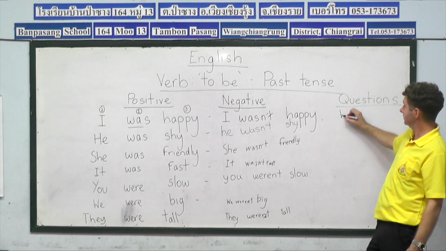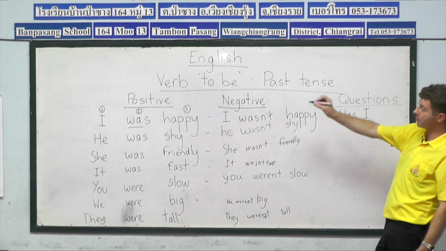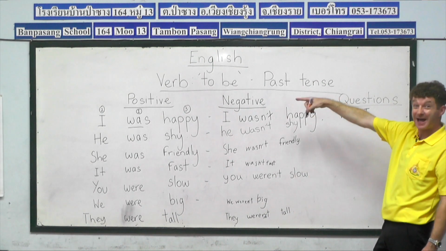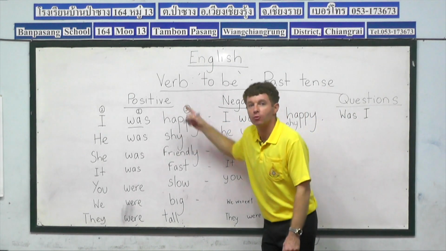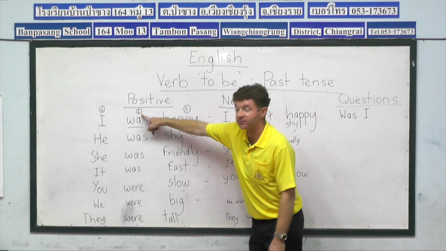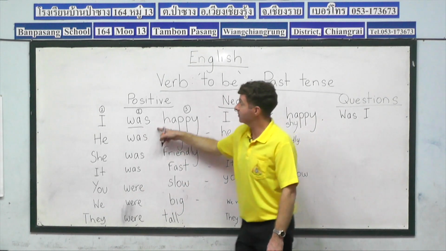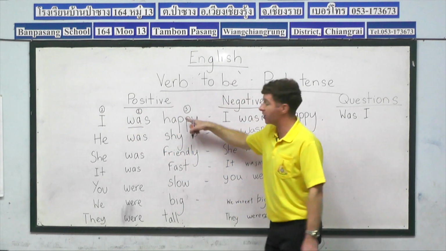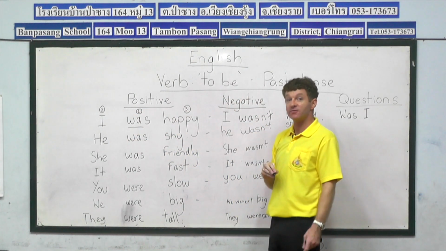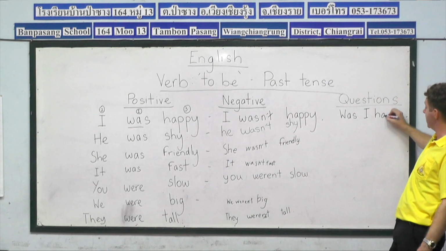Was I happy? You see, the positive statement already has all the letters or words we need. We just need to rearrange. So the first word was or were. Then the second word is the subject pronoun, and the third word is the adjective. Was I happy?